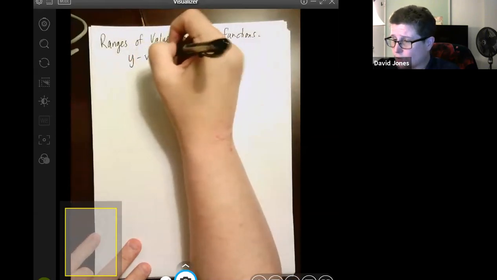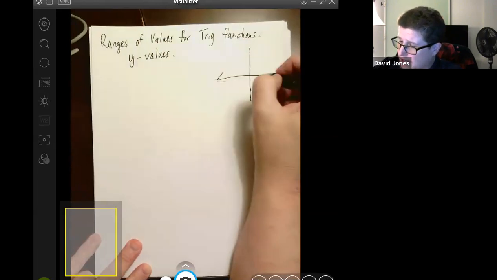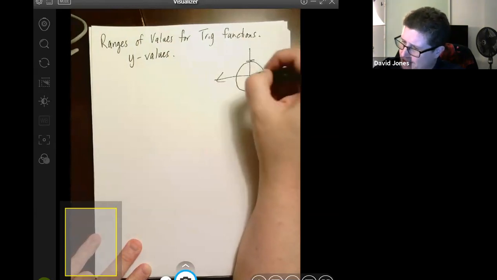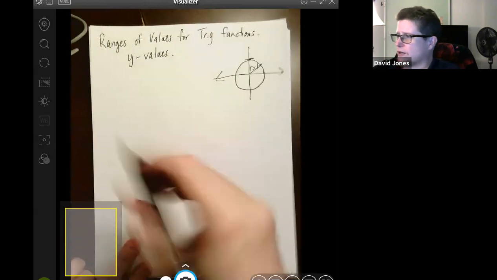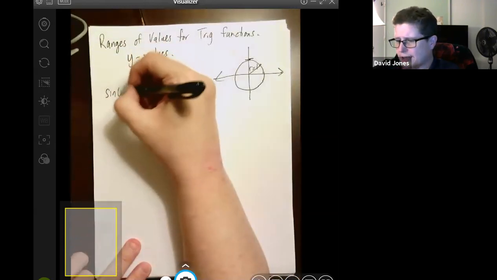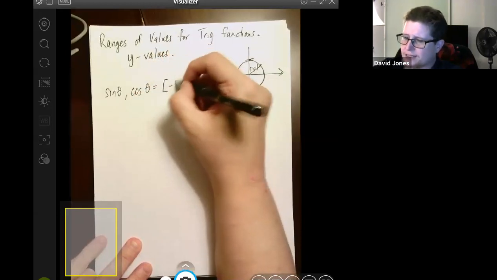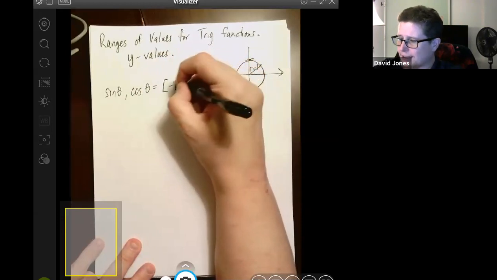Range is related to y. And we're looking at the unit circle. The radius is always 1. So both sine theta and cosine theta, their lowest value is -1 and it includes it. The biggest value is +1 and it's inclusive.